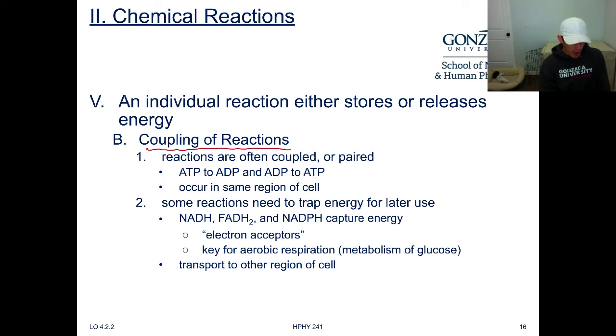They're paired. So often, let's say this reaction of breaking ATP down into ADP, that's usually going to be coupled, or at least evened out with, or paired with, a reaction that takes that ADP and regenerates ATP. Okay? Typically, these coupled reactions are occurring in the same region of a cell. Typically, not always.